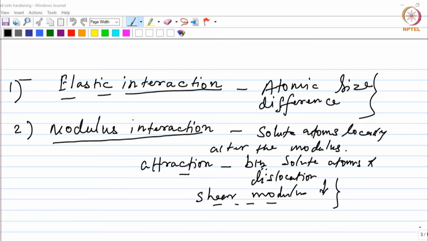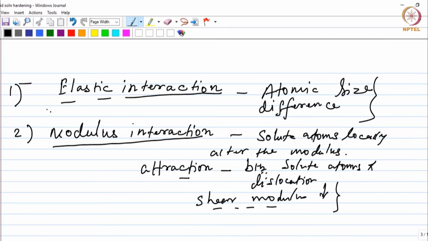Modulus interaction is similar to elastic interaction. But one thing that you should remember here is the fact that for elastic interaction, the substitutional solute atoms can interact only with edge dislocations. So as you know, there are two kinds of dislocations, edge and screw.